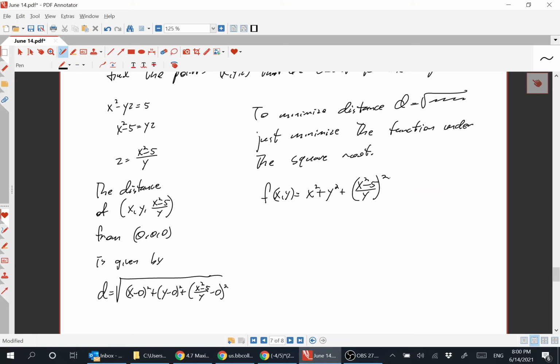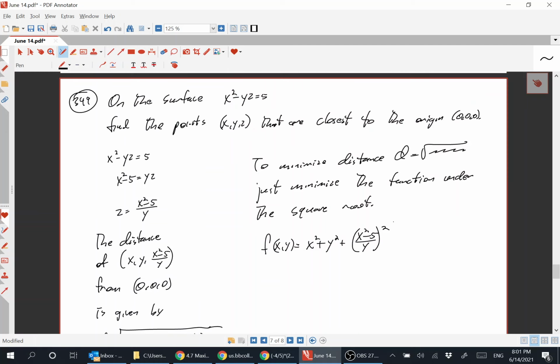Is there any implied region for x and y on this surface?